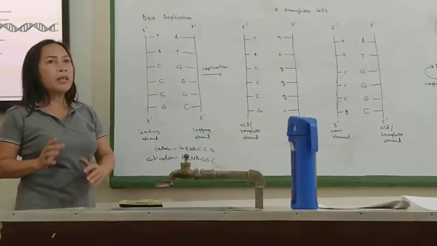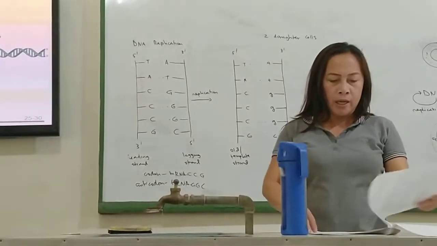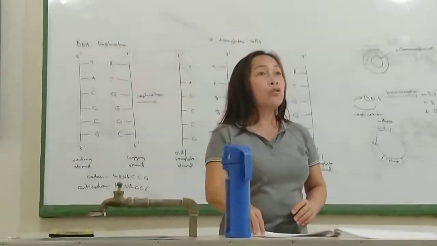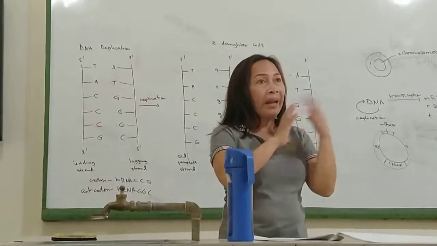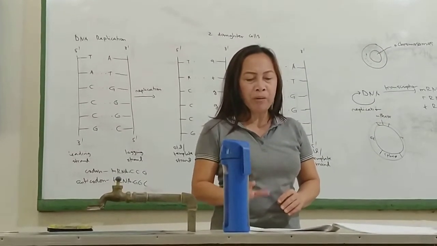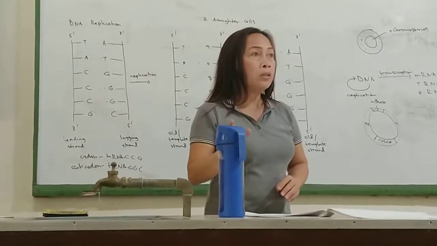Okay, first, there is what we call pre-synthetic control. We say pre, this is checking a base for base pairing complementarity before addition to the growing chain.